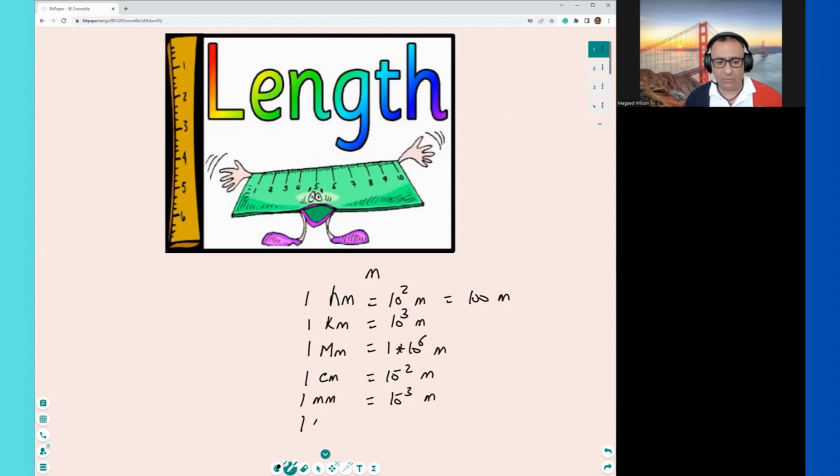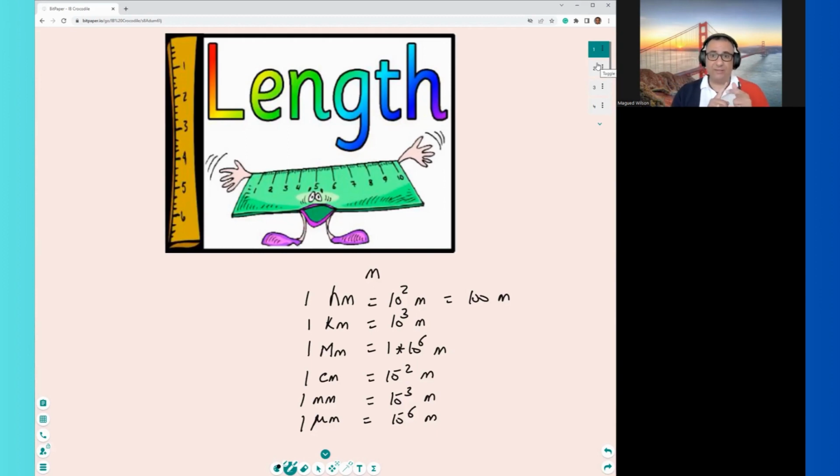Micro, mu, a Greek letter, micrometer, is 10 to the power of -6 meters, and so on. So in the Système International d'Unités, the idea is to unify, to speak the same language when I talk about physics, all over the world, worldwide. So the first physical quantity is length.